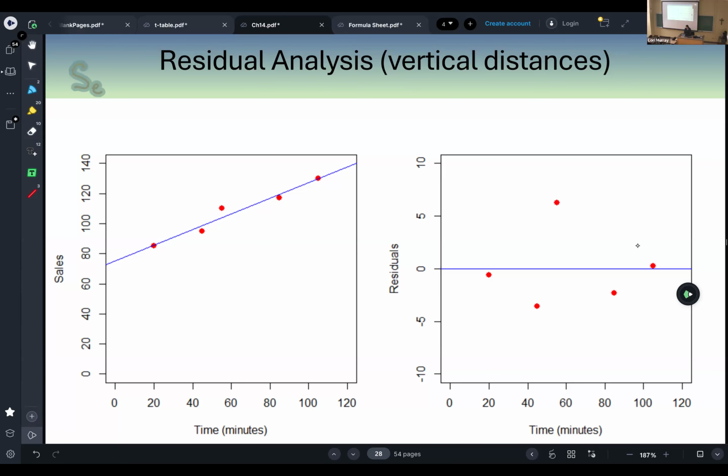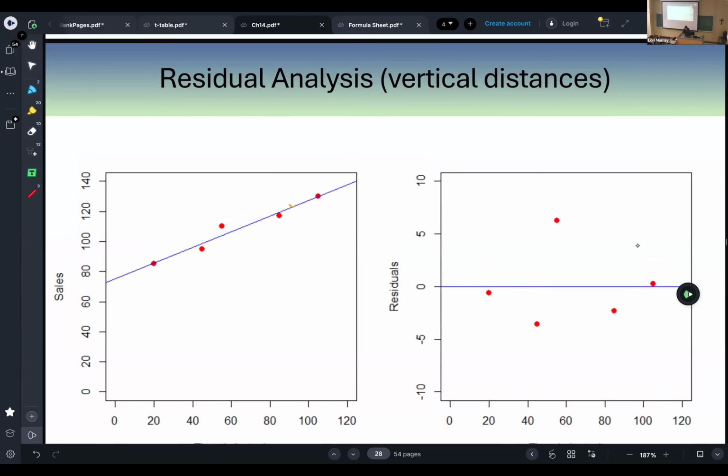And then there is also the residual analysis. Most of the time, we just look at these residual plots. The plot here on the left is our least squares regression line. This is our y, and this is our y hat, which we said was 75.